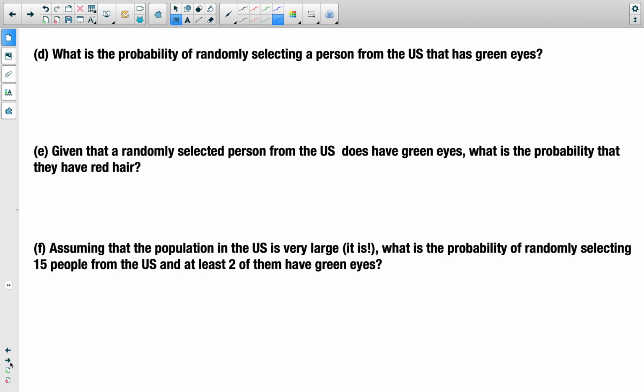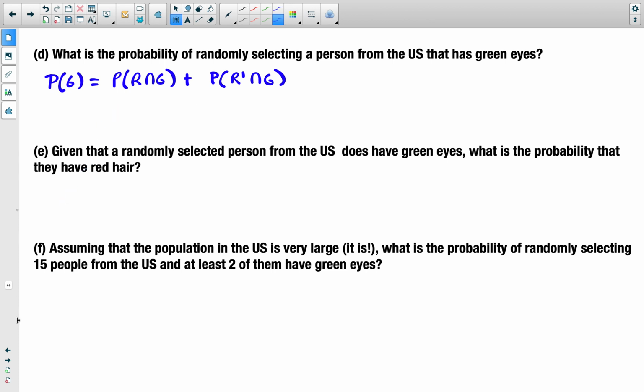What is the probability of randomly selecting a person from the US that has green eyes? So I'm just looking for the probability of having green eyes. Again, this can happen two different ways. They either have red hair or they don't. So I want the probability that they have red hair and green eyes, plus the probability they don't have red hair and have green eyes. So there's two ways to have green eyes, with or without red hair.